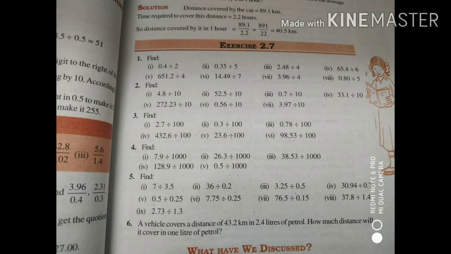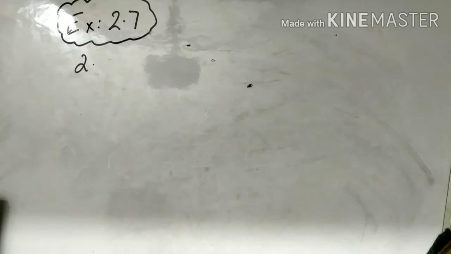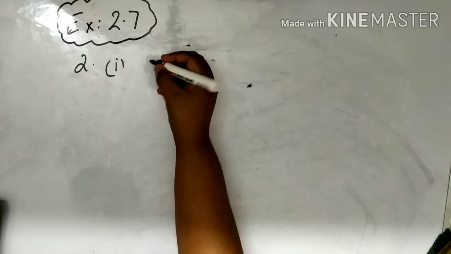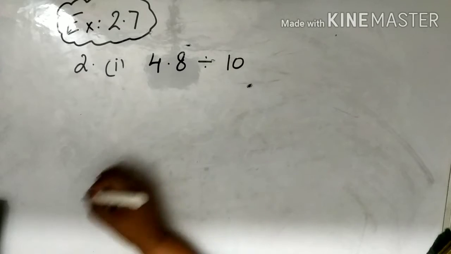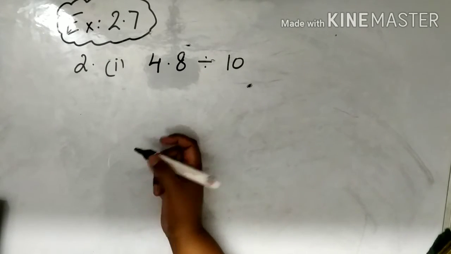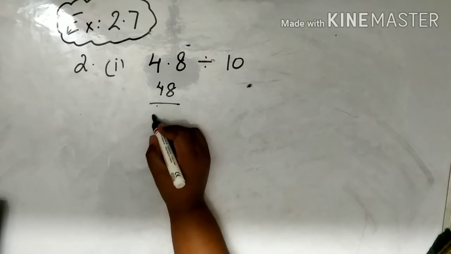Now the second, third and the fourth questions are about division of decimal numbers by multiples of 10. Now let's move to the second question, first part. Here we have division of a decimal number by 10 or multiples of 10. So here we have 4.8 divided by 10. As the rule says, the first method is to convert the decimal number into a fraction.